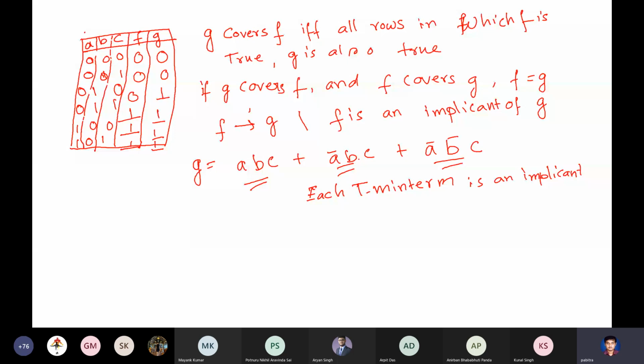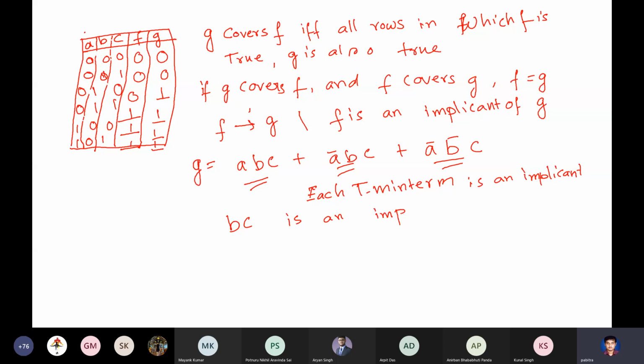BC will be two true rows, naturally a subset of the function, so BC is also an implicant.